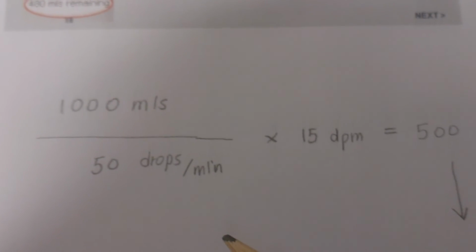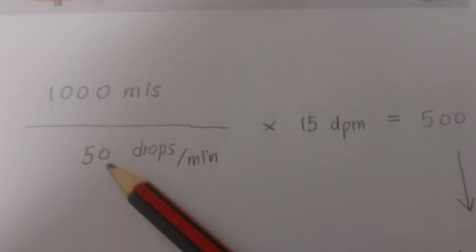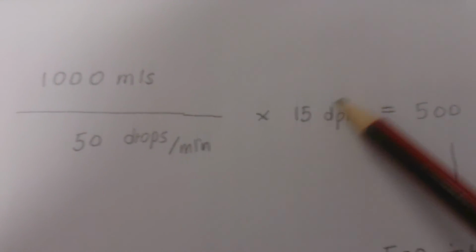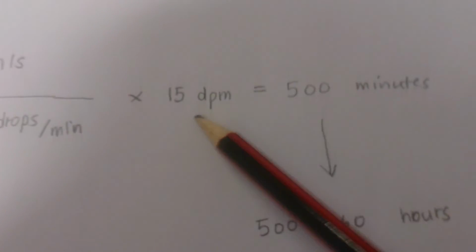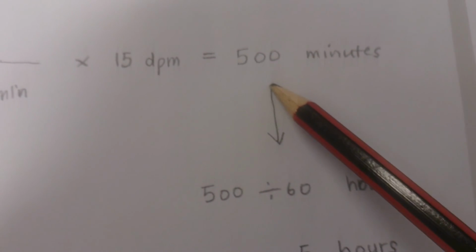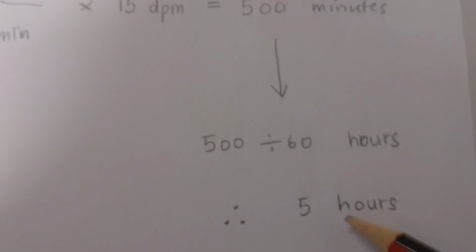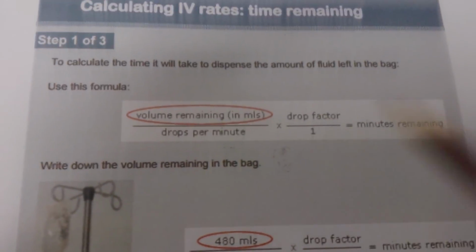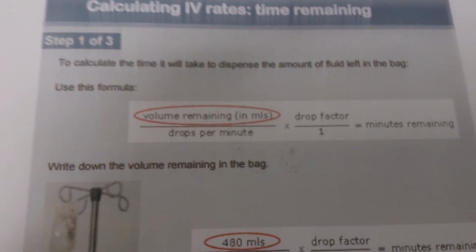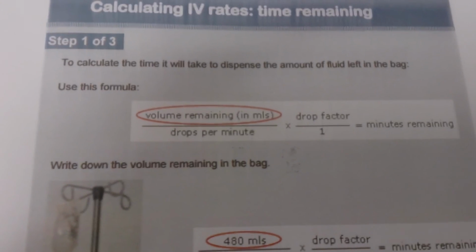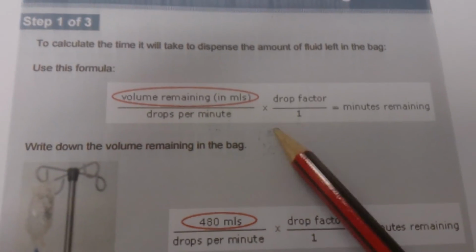So we put 1,000 ml here, and the rate, 50 drops per minute, times drop factor, and then we get 5 hours, or 300 minutes. So it's the same answer. If the math confuses you with the first method, you can use this formula.